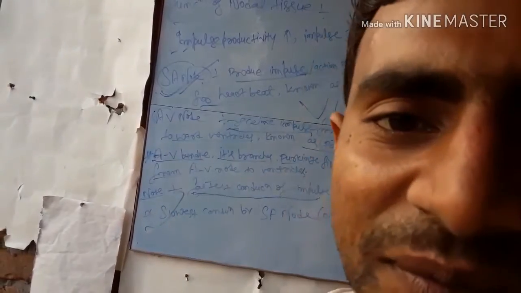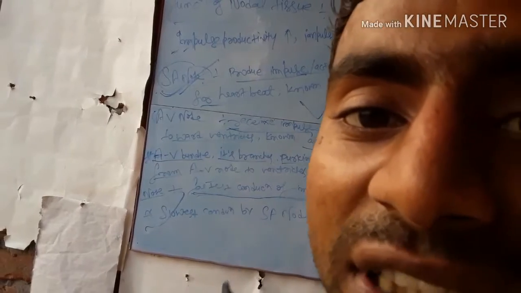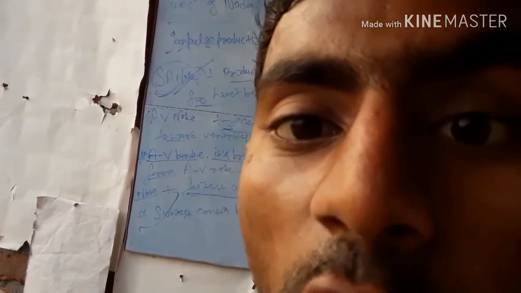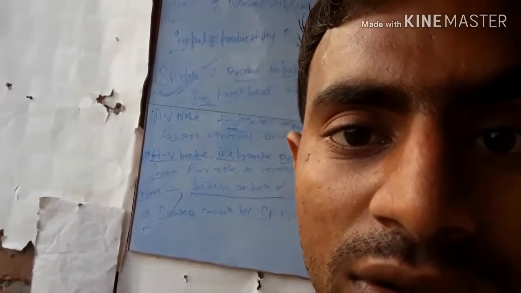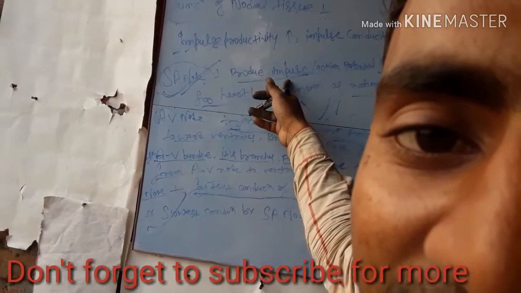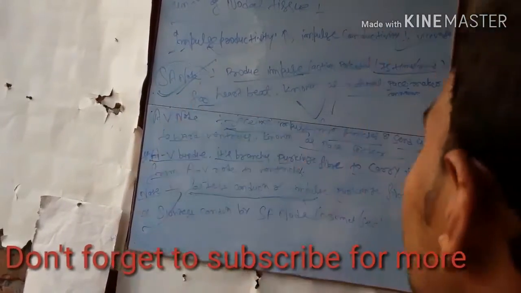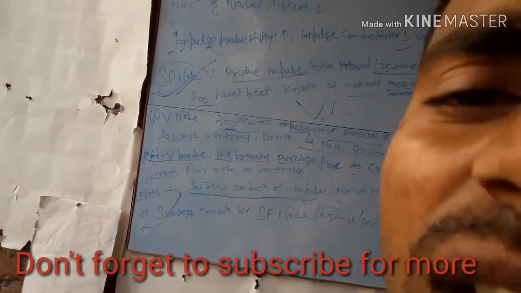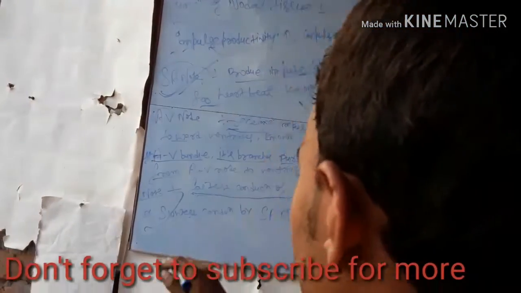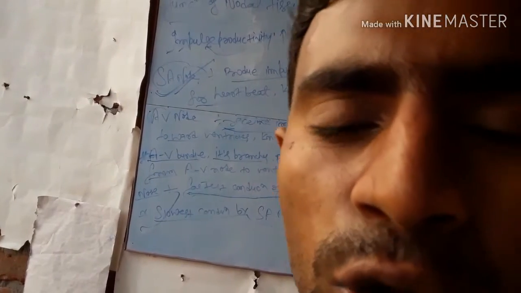But see here, the sinoauricular node, which is the origin of production of impulse, produces impulse, but because its productivity increases, its conductivity decreases to only 0.3 meters per second. So the lowest conduction of impulse is by the SA node, 0.3 meters per second.